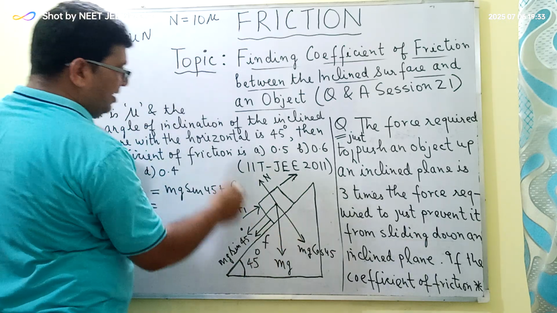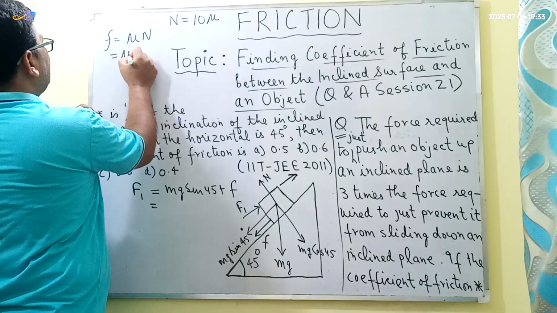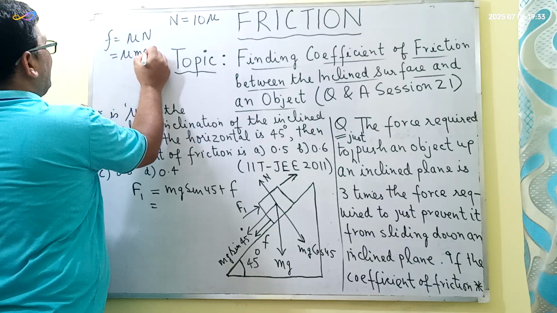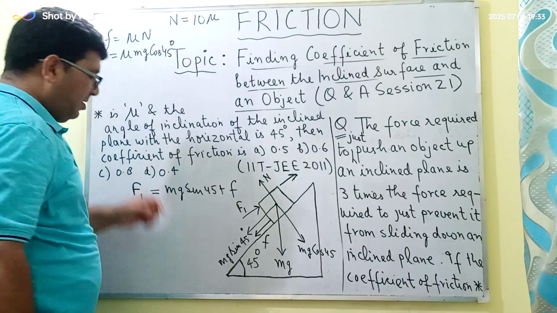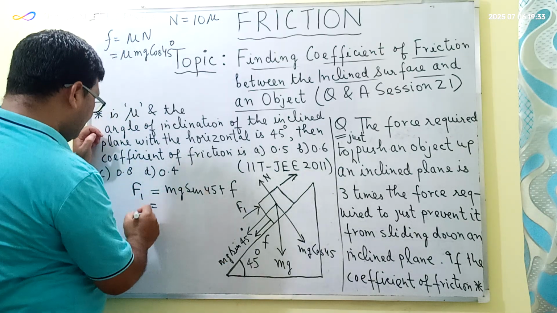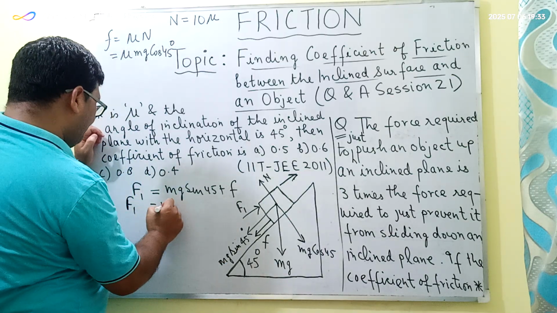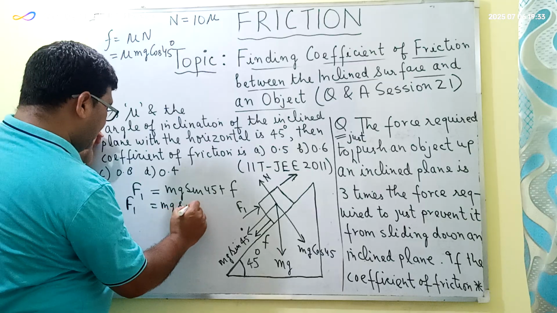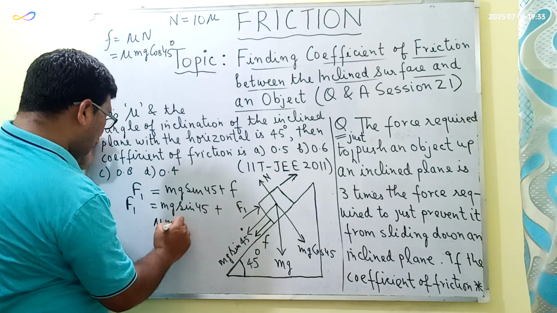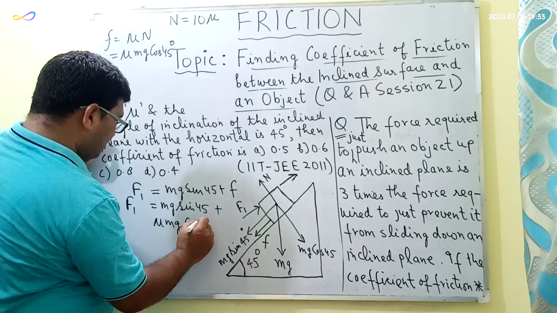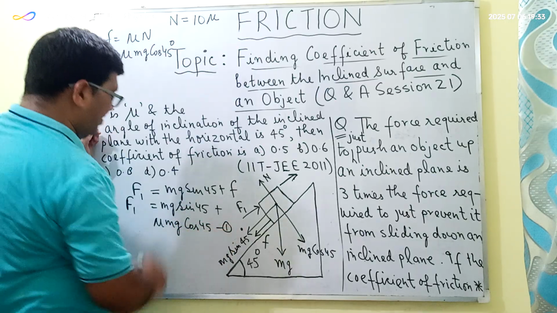The normal reaction is equal to mg cos 45, so the force of friction is equal to mu mg cos 45. So F1 will be equal to mg sin 45 plus mu mg cos 45. This is equation number 1.